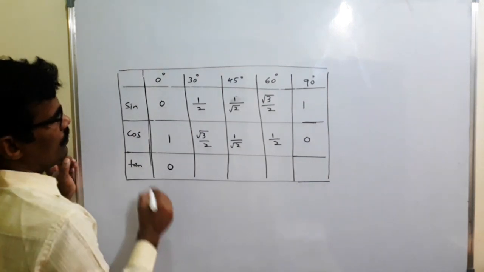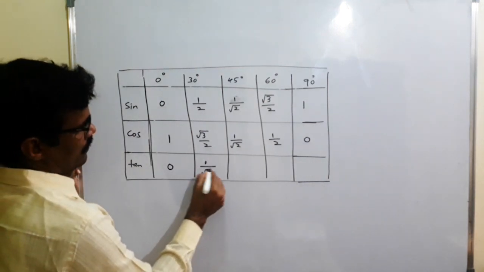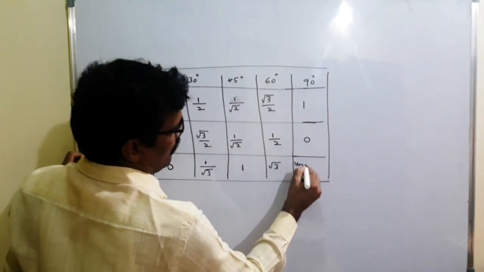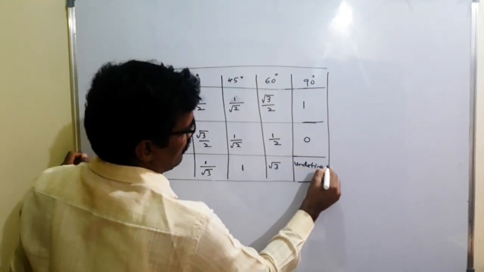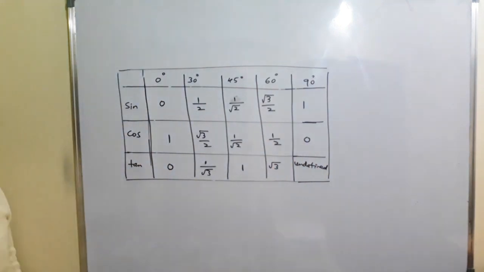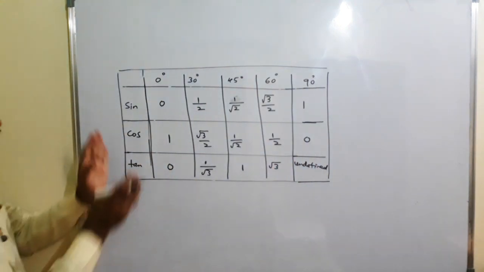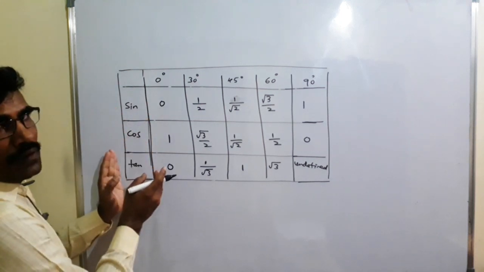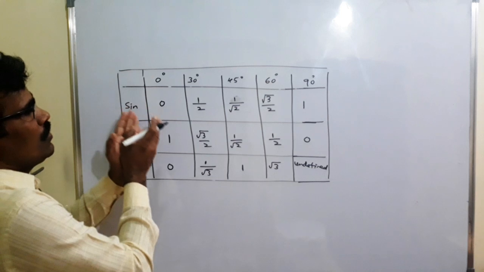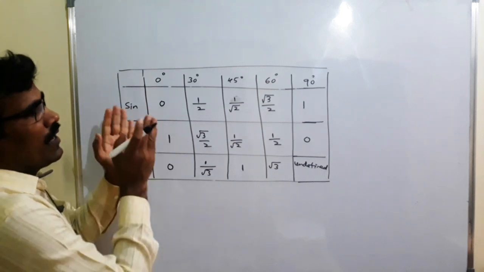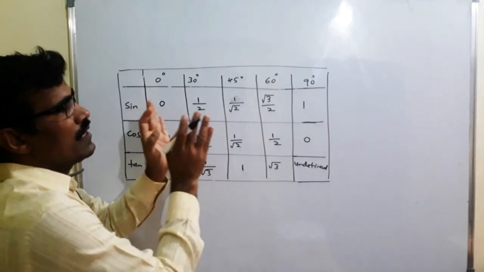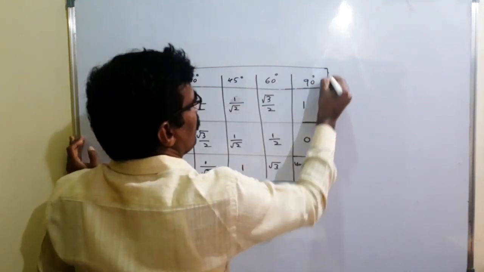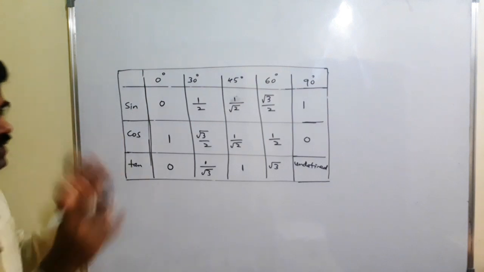And tan 0, 0, 1 by root 3, 1, root 3, undefined. So here sine, cos, tan values for 0, 30 degrees, 45 degrees, 60 degrees, 90 degrees. You should remember everyone. So here this is the table.